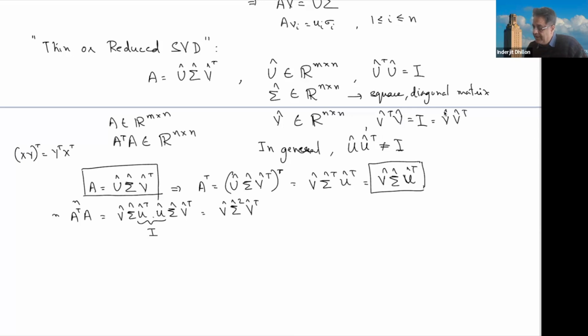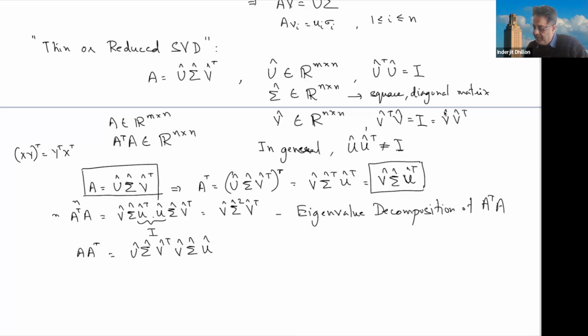What do you see over here? You actually have the eigenvalue decomposition of A transpose A. So the singular values of A are the square roots of the eigenvalues of A transpose A. Similarly, if I do A A transpose, I get U hat sigma hat V hat transpose V hat sigma hat U hat transpose.